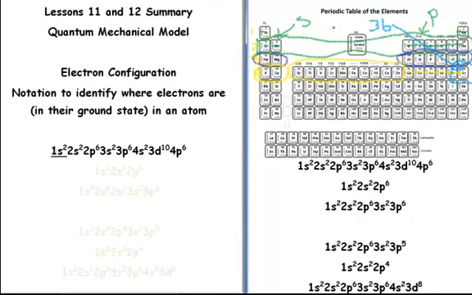Pretty neat, huh? So you just go across the periodic table, placing electrons, thinking s orbital, d orbitals, p orbitals, energy levels as you go down. And when you get to the element that you're talking about, you've placed all of the electrons that you need to place.